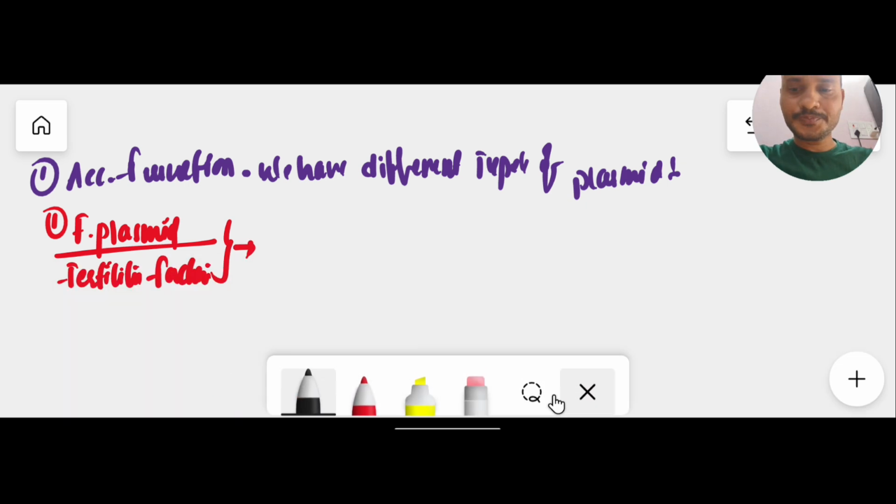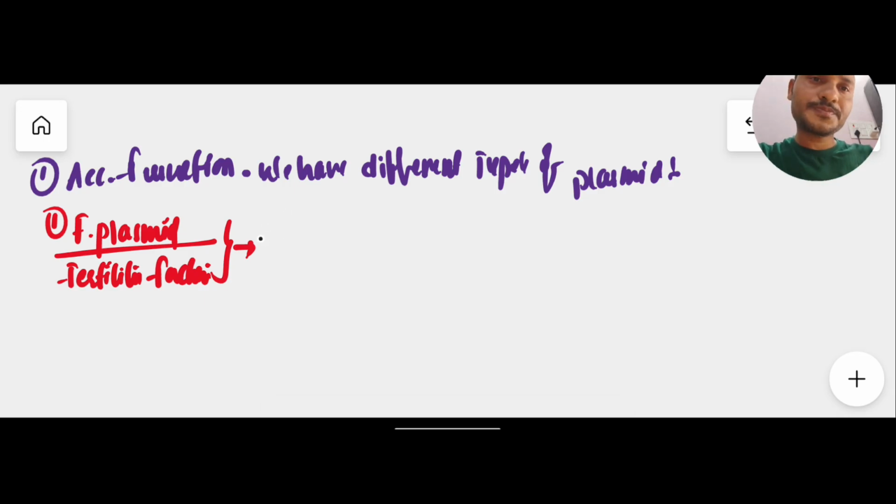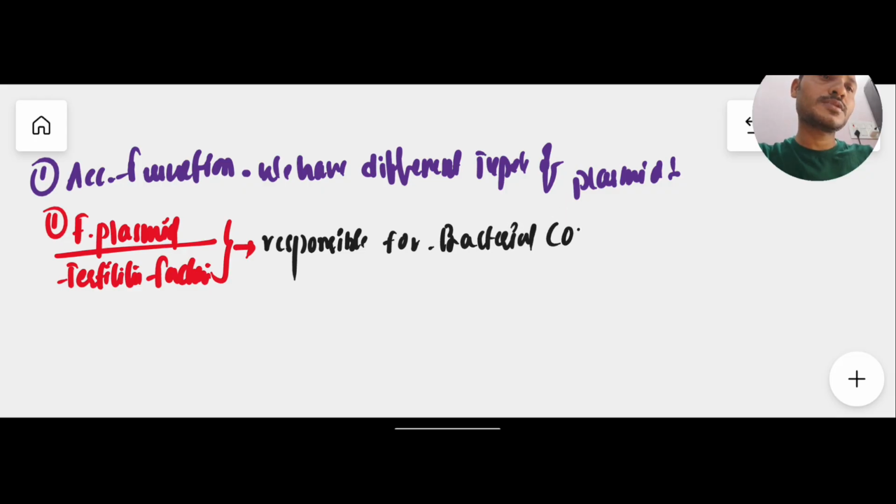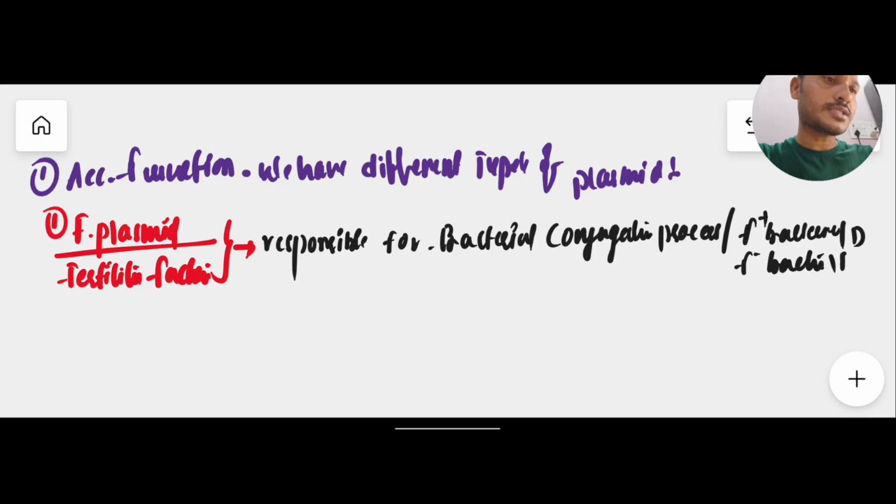This plasmid is responsible for the bacterial conjugation process between F plus bacteria and F minus bacteria, meaning donor bacteria and recipient bacteria, via sex pili.